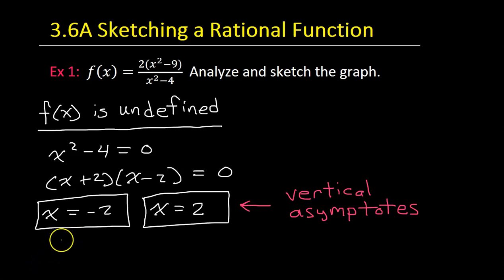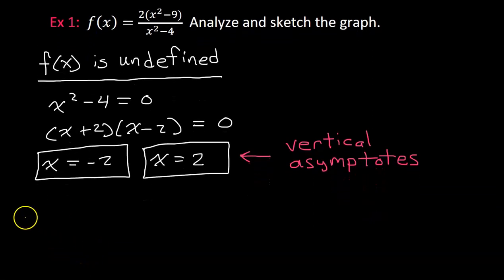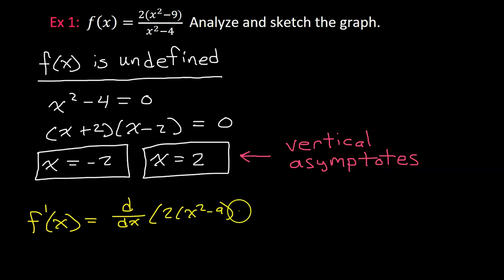The next step is to use the first derivative test to find out where the function is increasing and decreasing. So let's find the first derivative. Let's go ahead and use the quotient rule. So we have the expression in the numerator and the denominator. For the quotient rule, we will start by taking the derivative of the expression in the numerator, and we will multiply that by the expression in the denominator.